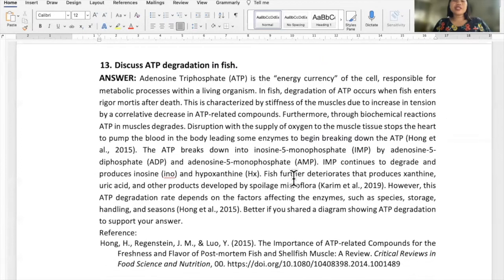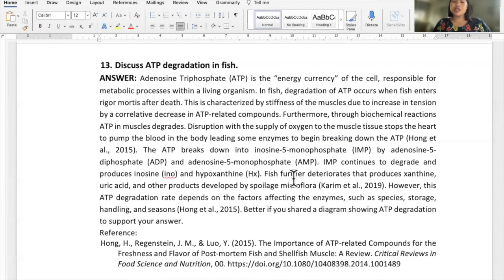So for number 13, discuss ATP degradation in fish. ATP degradation in fish is catalyzed by several enzymes. Briefly, ATP, pag na-degrade siya, goes into ADP, adenosine diphosphate, and then IMP, inosine monophosphate.